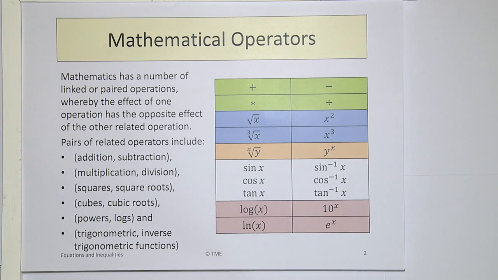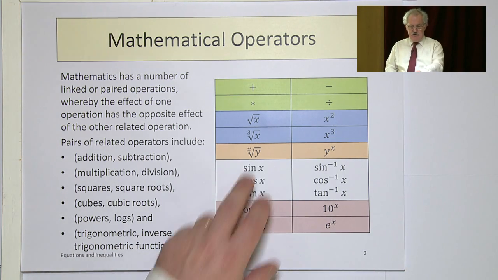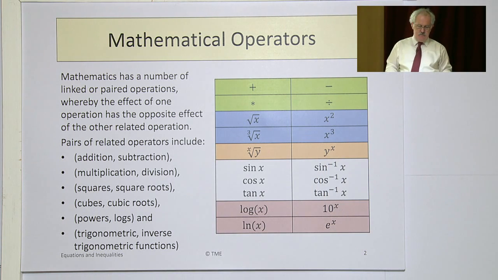Mathematics is a number of linked or paired operations whereby the effect of one has the opposite effect of its twin. Pairs of related operators include plus and minus, addition, subtraction, multiplication, division, squares and square roots, cubes and cubic roots, powers and logs, and trigonometric, inverse trigonometric functions.